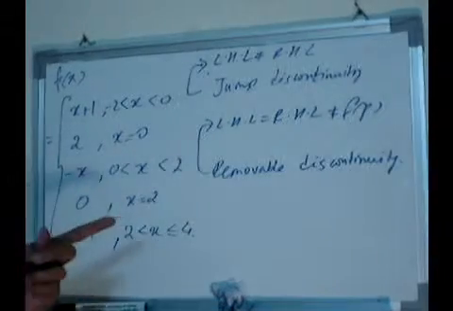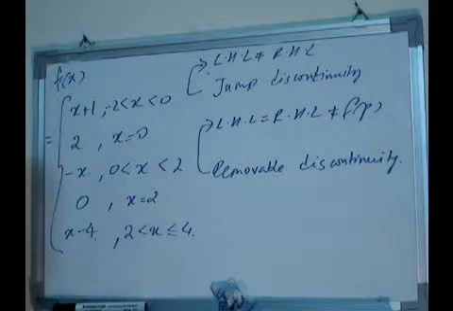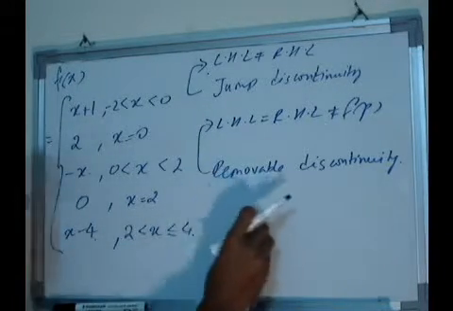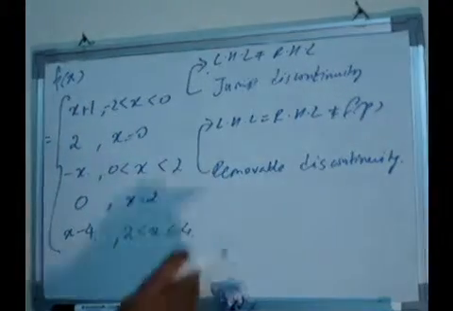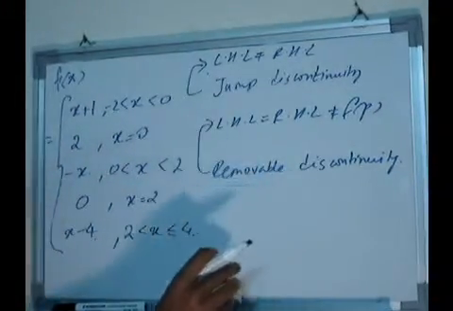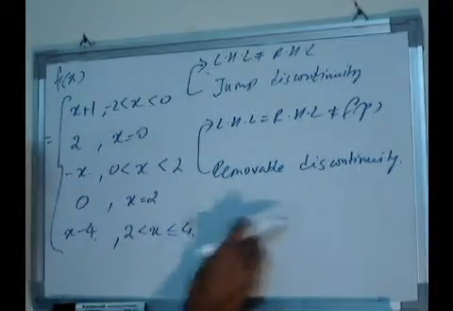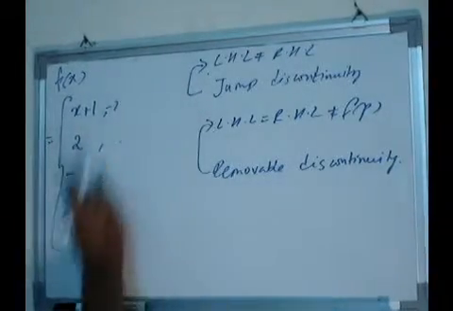Now, the third type of discontinuity happens when at a particular point of x, that is when x tends to move closer and closer towards some value p, the value of f of x tends to move towards infinity. It is a common example. We'll take another function.